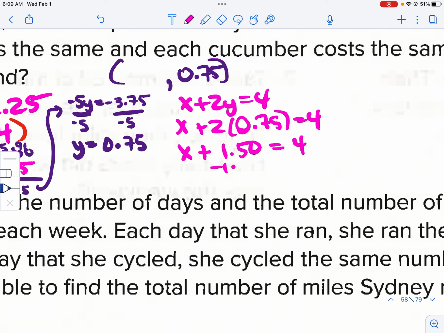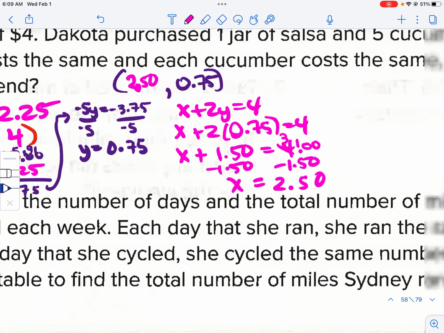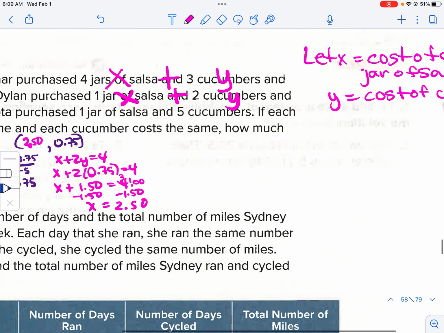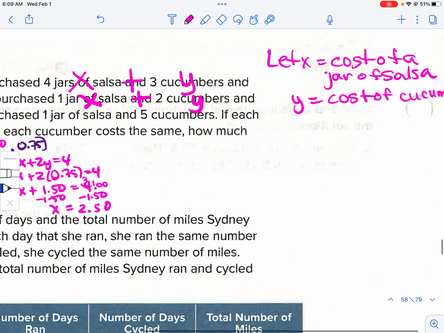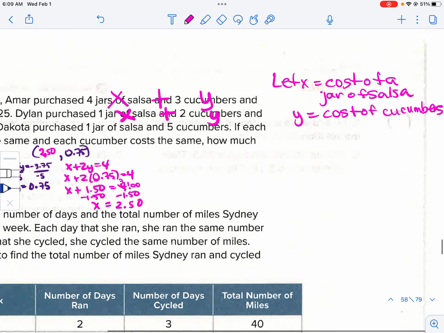So I'm going to subtract $1.50 from both sides. I don't know why I wrote a 2 there. x equals, 0, I'm going to borrow, that's going to be $2.50. So what does that mean? x is the cost of a jar of salsa.